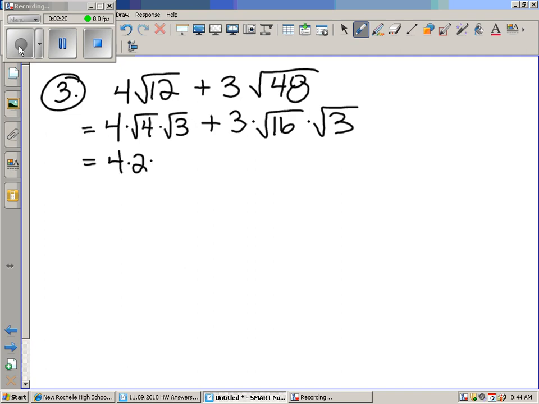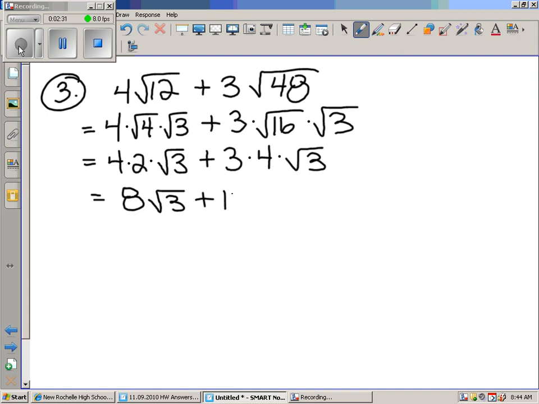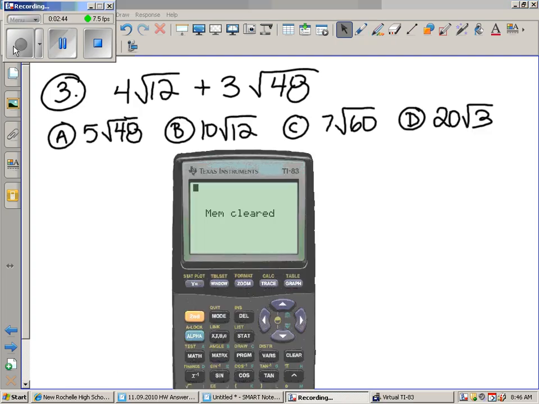That's 4 times 2 times radical 3 plus 3 times square root of 16, which is 4 times radical 3. Here we go. We got 8 radical 3 plus 12 radical 3. And so if you have 8 radical 3's and then you add 12 more radical 3's, you know it, we got 20 radical 3.